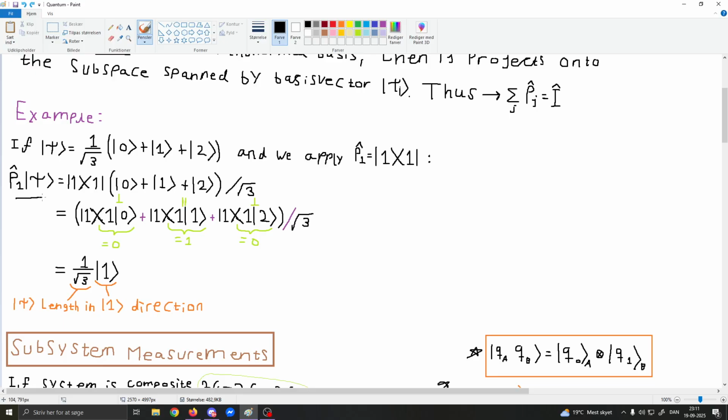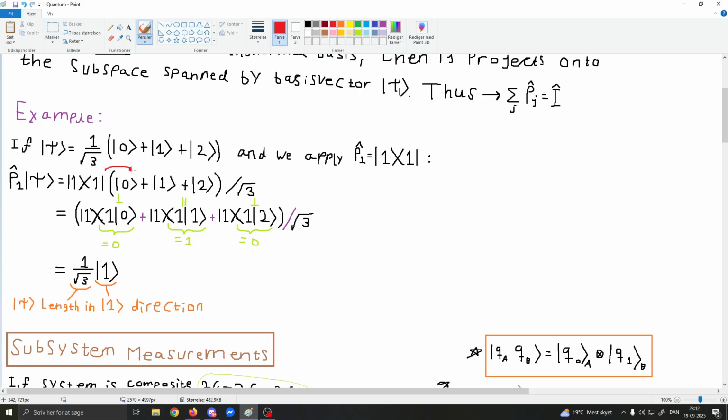It could be 0 or 1 or 2. If we apply it, then we have a very concrete calculation. So here's our projector, and it gets multiplied onto this parentheses, which is the linear combination.